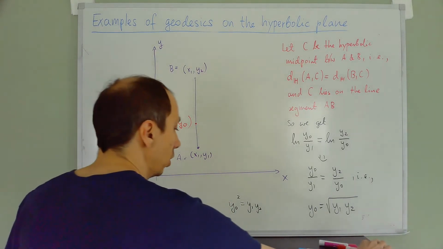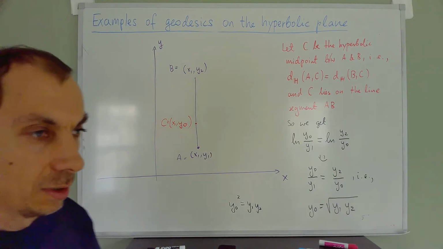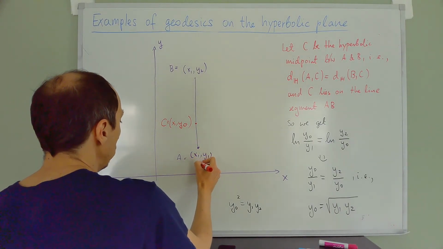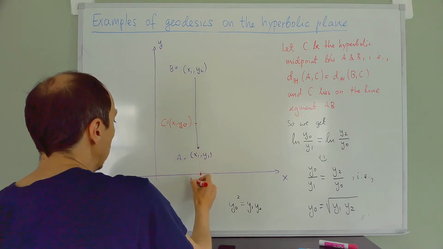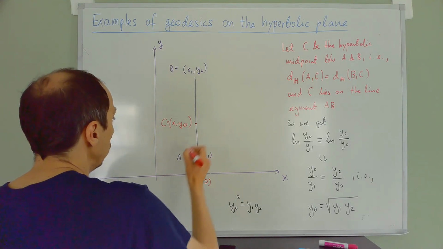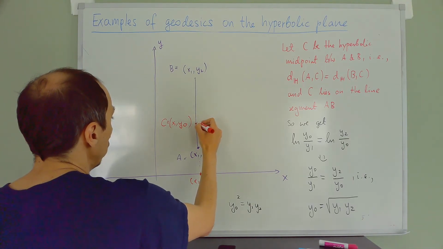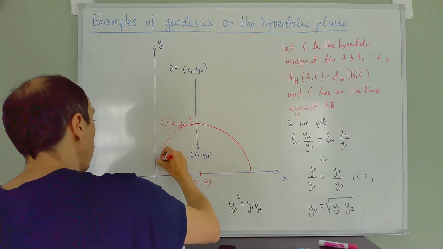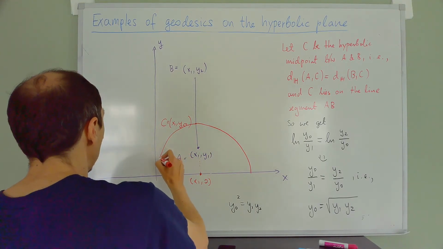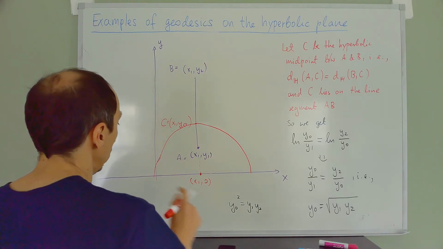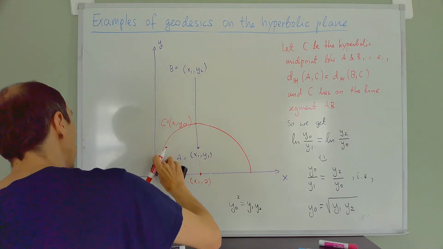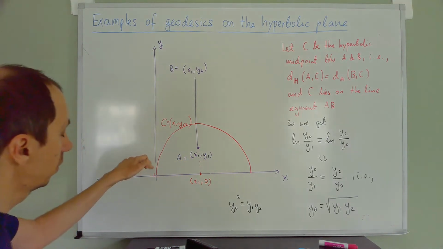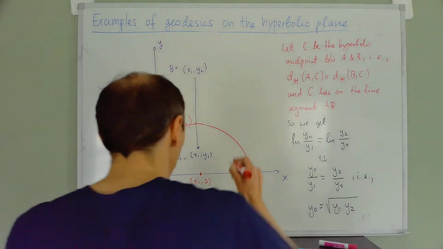So let me just be led by a hunch and draw a circle whose center is down here, x1, 0, and whose radius is y0. So it's going to pass through C. It doesn't look nice. It does not have to go to the origin, it just looks like this from a picture. So what is this?